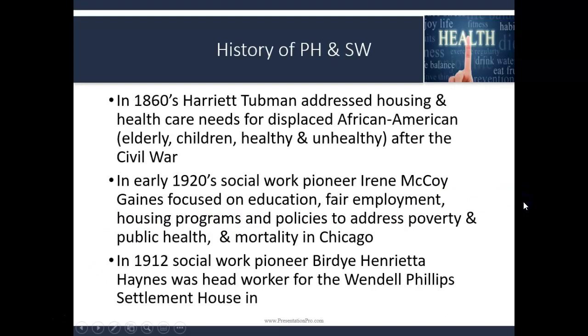Other examples of the history of social work and public health, or the role or function of social work in public health. In the 1860s, Harriet Tubman, though not a professional social worker, addressed housing and healthcare needs of displaced African Americans after the Civil War.